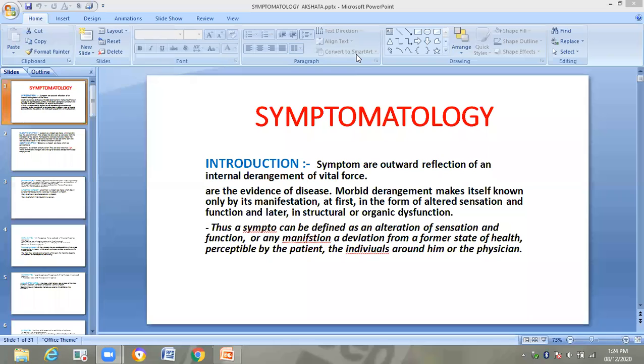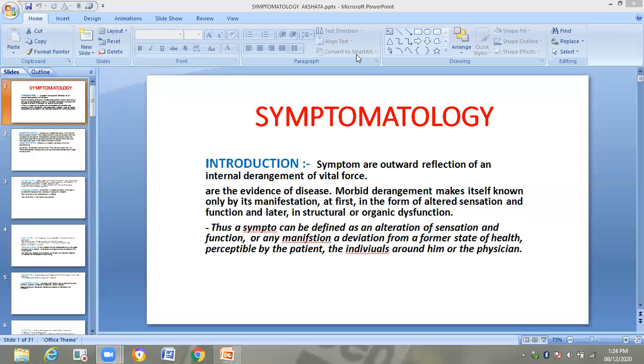The individual feels some symptoms, some sensations, and many times it is also outwardly visible through the material body in the form of signs and symptoms. So all these signs and symptoms that we consider are nothing but the state of disease.